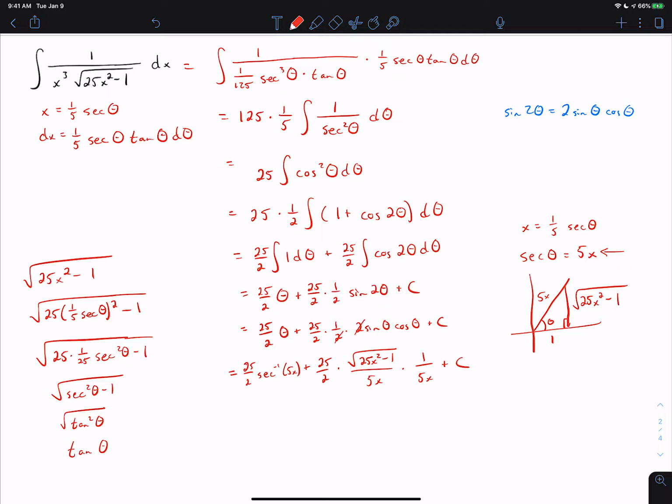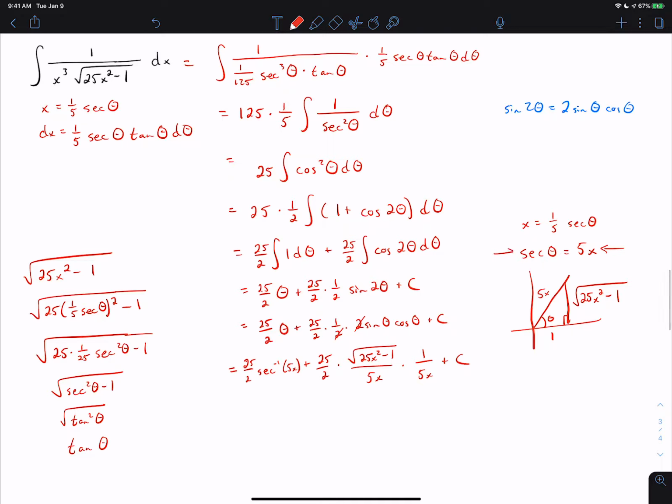And because of what we'll talk about in the next video, it's standard to use the inverse of the trig function that we originally chose for the substitution. Meaning, if we used secant here, then use inverse secant. If we use sine, then use inverse sine. If we use tangent, then use inverse tangent. Okay, the last thing is to simplify this.